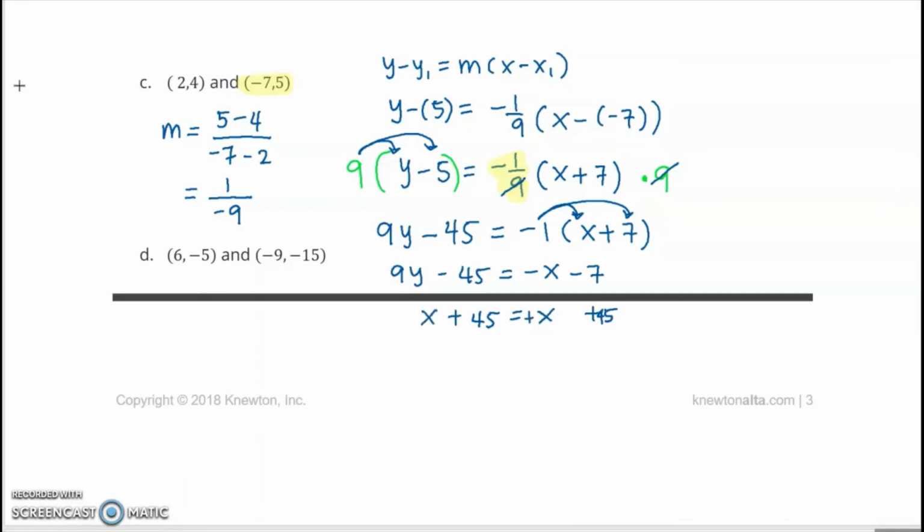That gives me 9y plus x is equal to negative 7 plus 45. That is equal to 38. So this is the standard form of your line.